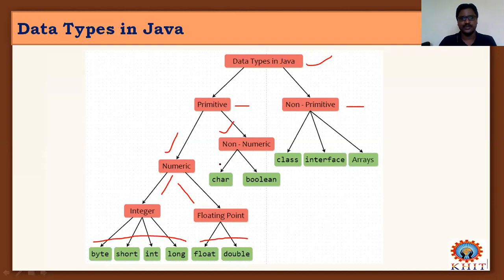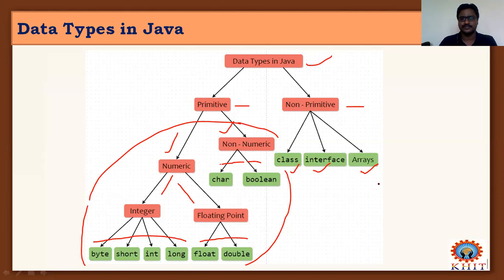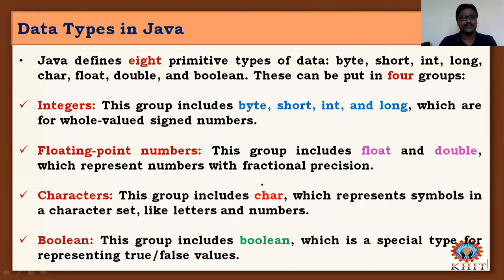From the non-numeric point of view, character and boolean. All these eight data types we consider as primitive data types. For non-primitive we will see classes, interfaces and arrays, and we will discuss these three separately in the further chapters.